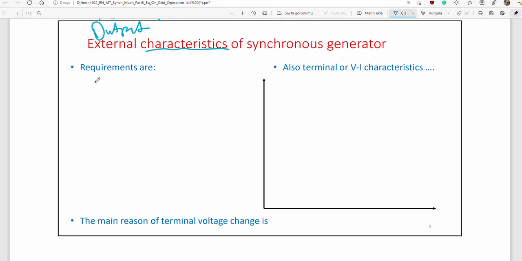To conduct such an experiment, we need to satisfy some requirements, which are speed. Rotor speed must be kept constant, its synchronous value.